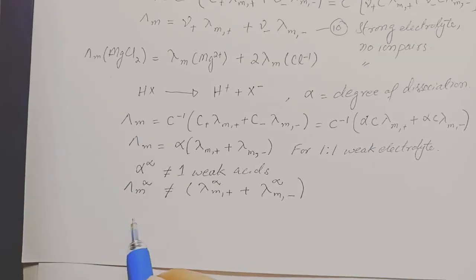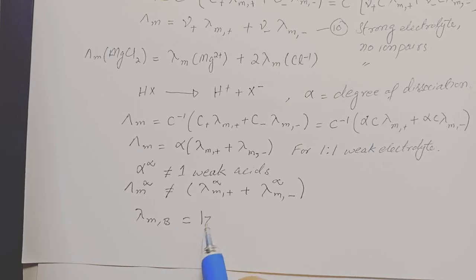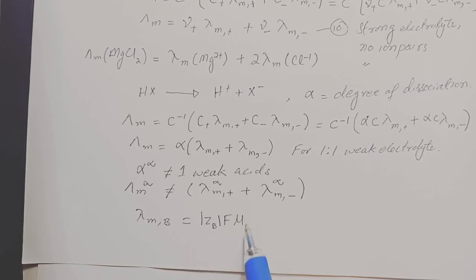In all these terms, the molar conductivity of any ionic species like B is contributed by the mobility of the ion. So the greater the mobility, the greater will be the molar conductivity of the particular species.